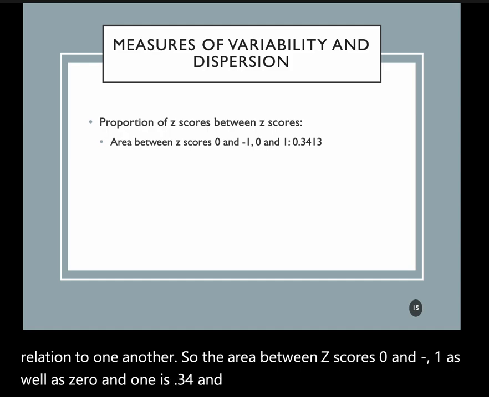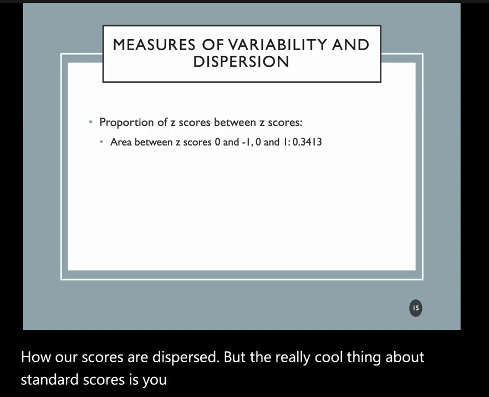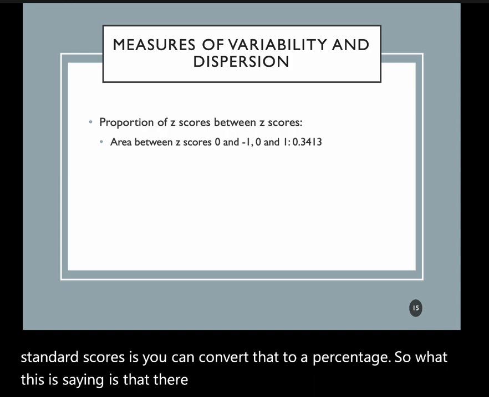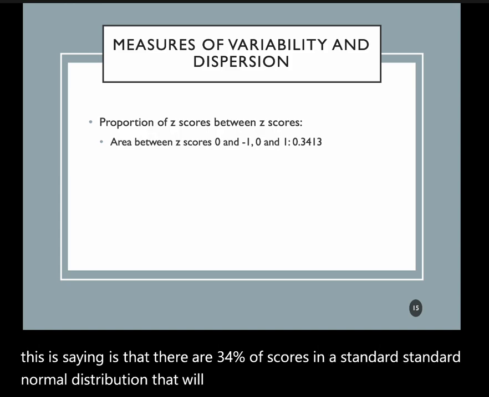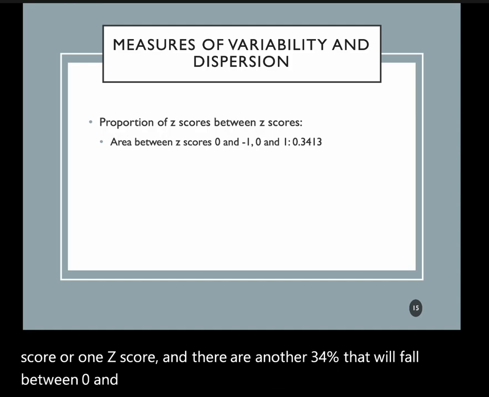And that is a decimal point of how our scores are dispersed. But the really cool thing about standard scores is you can convert that to a percentage. So what this is saying is that 34% of scores in a standard normal distribution will fall between 0 and 1 standard score, or 1 z-score. And there are another 34% that will fall between 0 and -1 z-score.